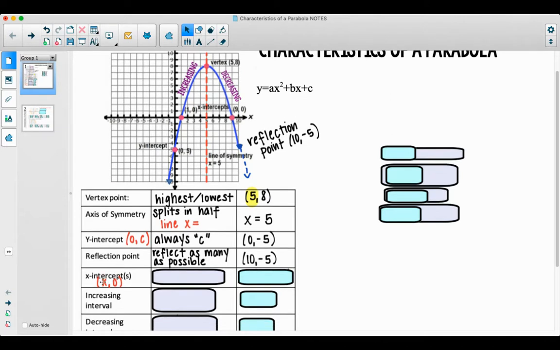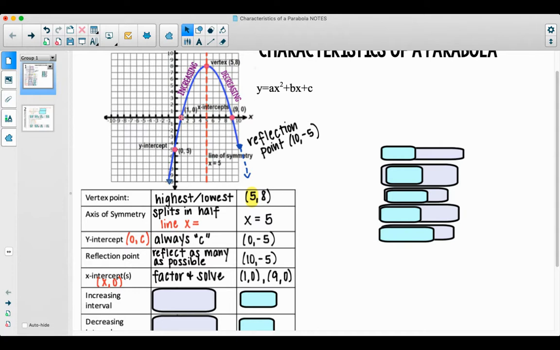The next one we look at is the x-intercepts, and we were solving for x-intercepts in the last chapter when we were solving by factoring. The x-intercept is where it crosses that x-axis. So here we have two x-intercepts. When we're given an equation, we factor and solve to help us out. In this example, we have an x-intercept at (1, 0) and at (9, 0).